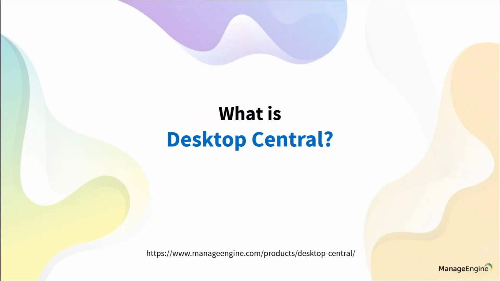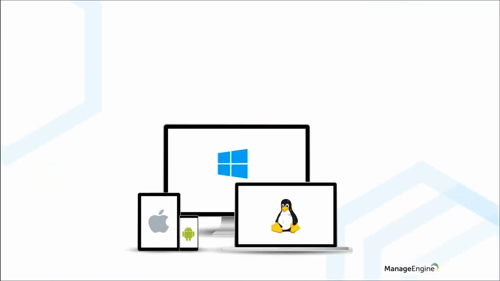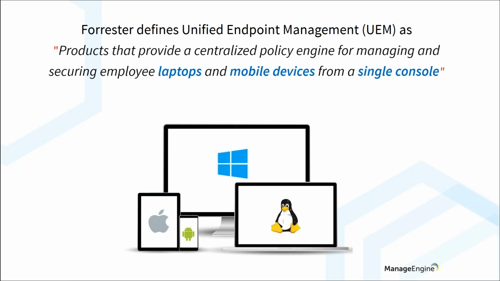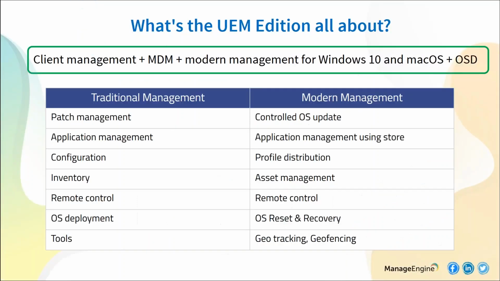What is Desktop Central? Desktop Central is an endpoint management solution that ensures all your endpoints are secure and enables the users to use them effectively for business. Forrester defines unified endpoint management as follows: products that provide a centralized policy engine for managing and securing employee laptops and mobile devices from a single console.